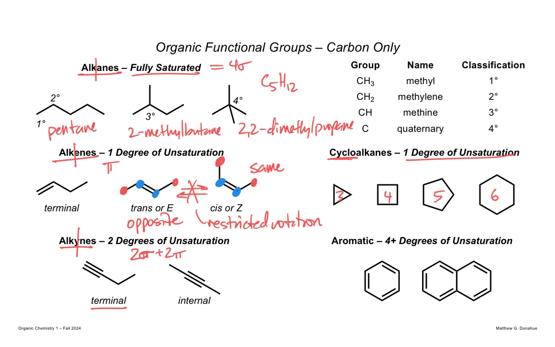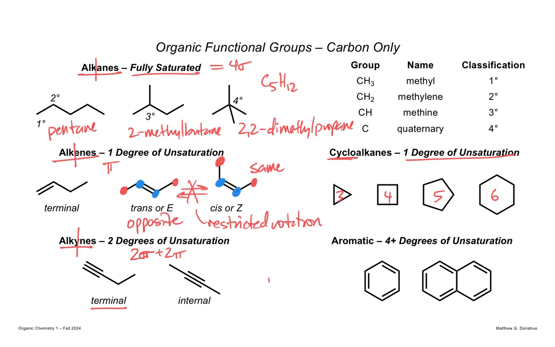And then the last type of hydrocarbon is called aromatic. What was your question? For cycloalkanes or like in the ring, do the atoms have to be carbon or is there any other type? When we start introducing heteroatoms, you can have a heteroatom in a ring.